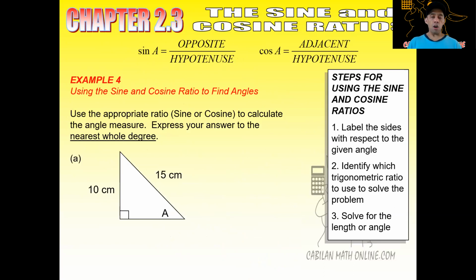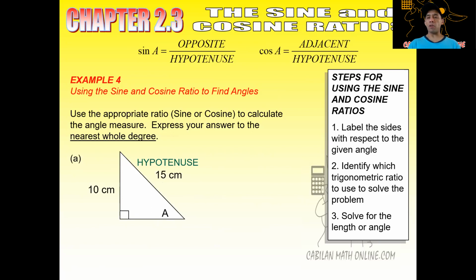Step number 1, like I said, is exactly the same. We're going to label the sides according to what we have here. Always label the hypotenuse first, especially if there's a number there. If you look at the box, the right angle, look across from it: we have the hypotenuse. Now we're looking at this angle A, which is the angle that we need to solve for.